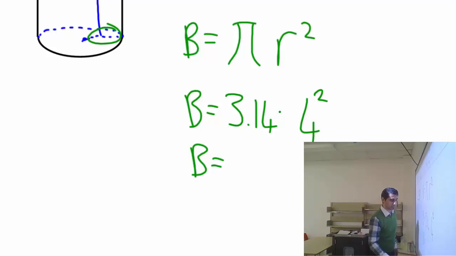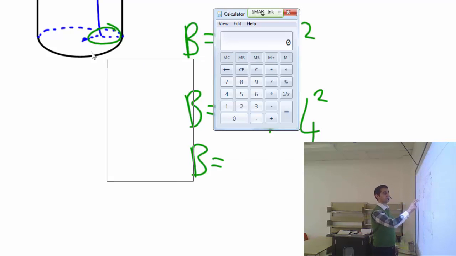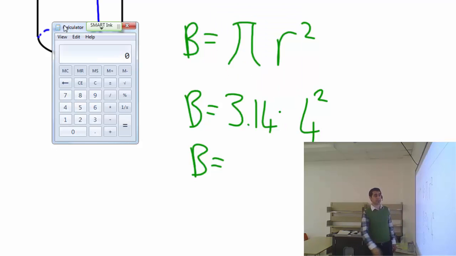Now let's calculate that. Base area is, I need my calculator. Base area is 3.14 times 4 squared, which means 4 times 4. I don't have the square button here.